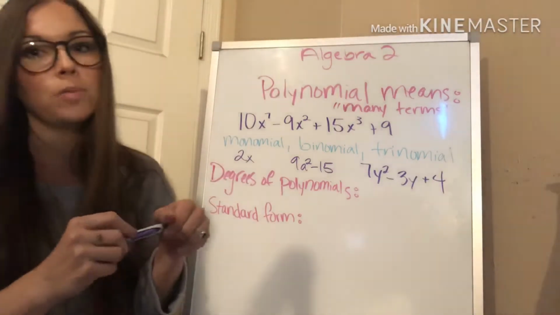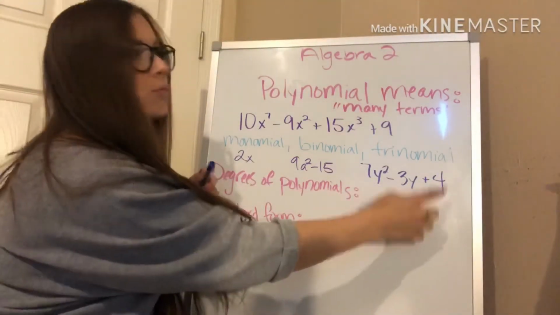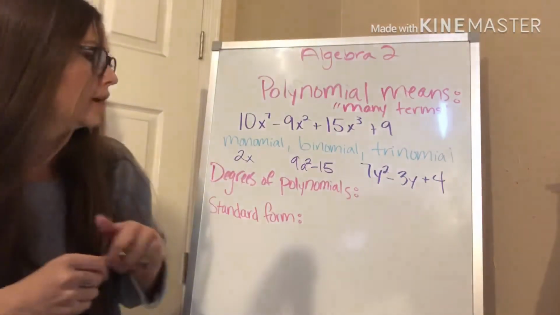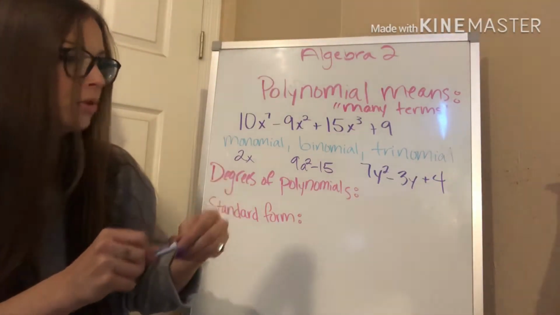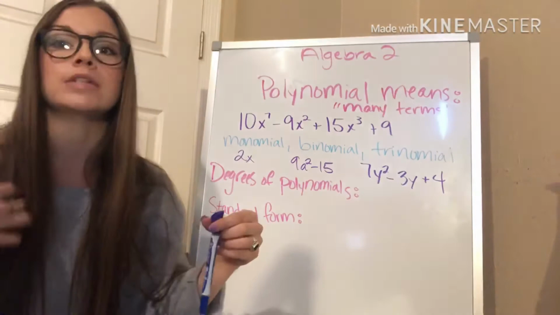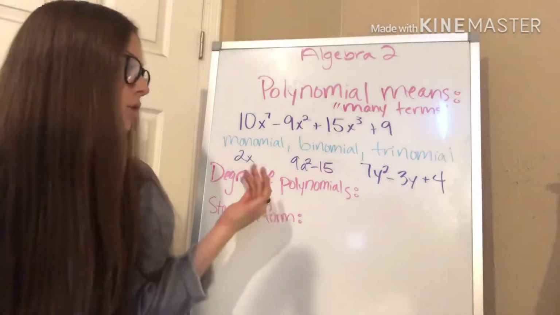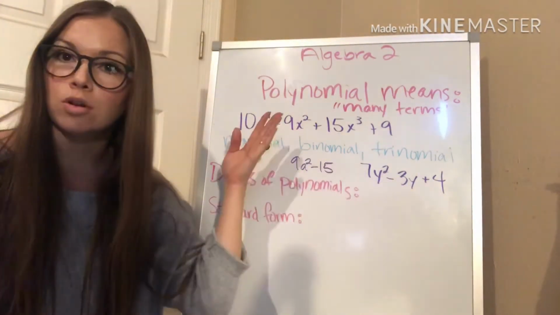Okay, so that's a trinomial because there are 1, 2, 3 terms. Again, all classified as polynomials. These are just subclassifications for different types of polynomials. So you can see any one of these when you hear the term polynomial.